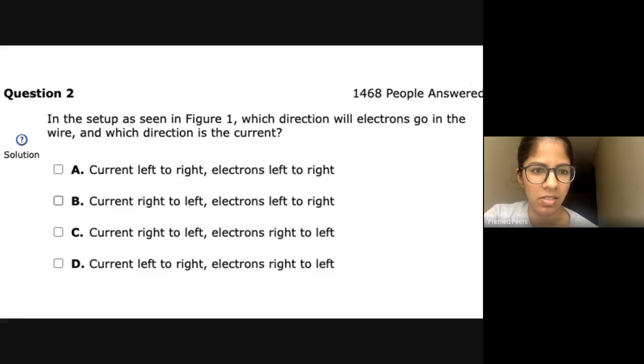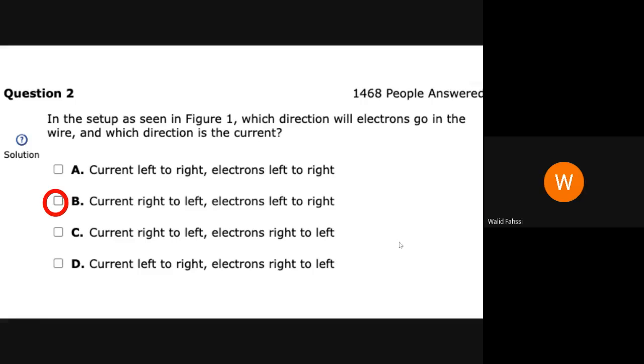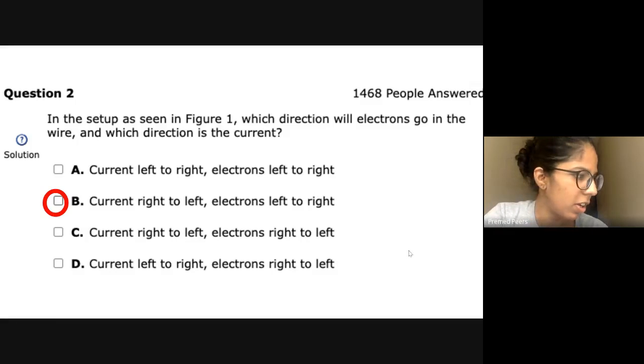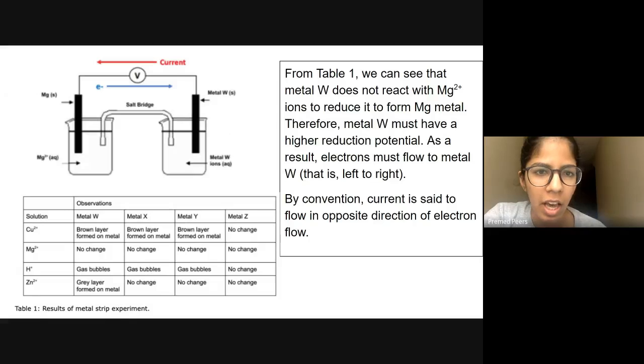Yes. Perfect. Thank you. You're welcome. So B is correct. And basically, he had everything correct. So this is just explaining that with an image.